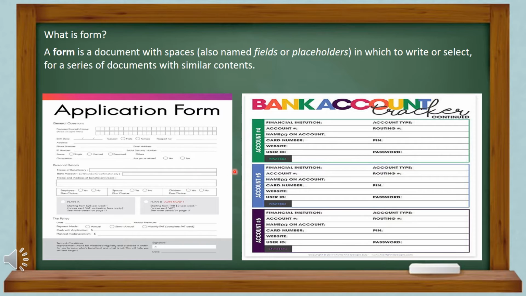Let's see how this form looks. A form can be of various kinds, like an application form, an account form, an admission form, or any kind of club form which you want to get into. For example, you are good at football and you want to join your football team.